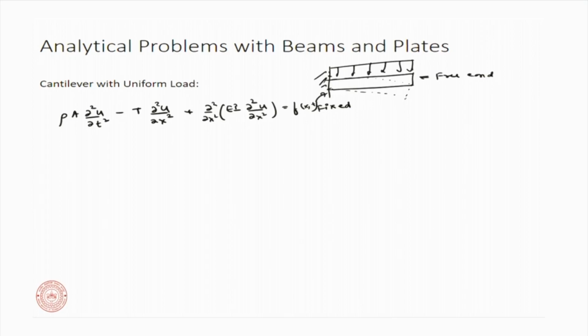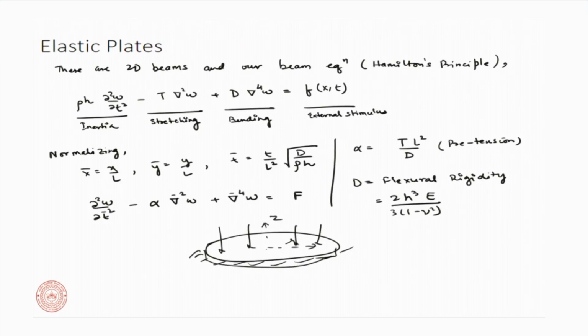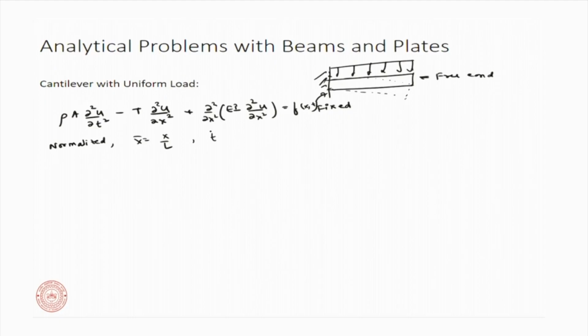Okay, and we had normalized this equation such that x bar was equal to x over L, right, and if you substitute this, and then t bar was in terms of E I and rho A. So, just like the last case, it was square root of D over rho h. In this case, t bar will be equal to t over L square times the square root of E I over rho A. Okay, that will be your time parameter.